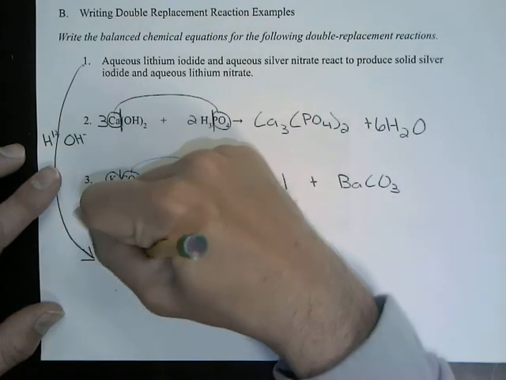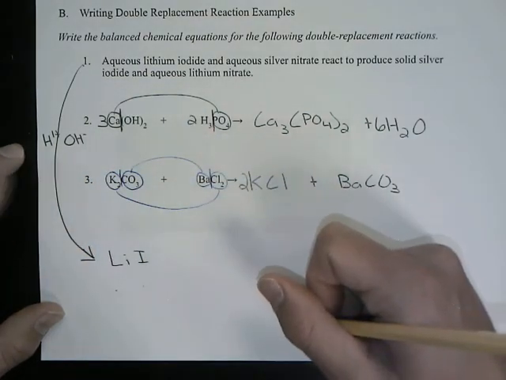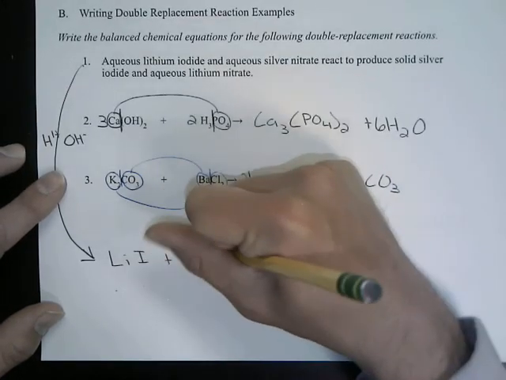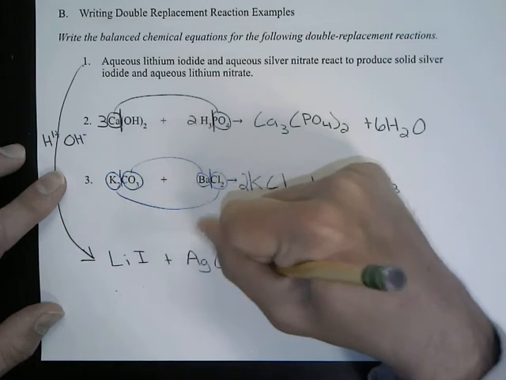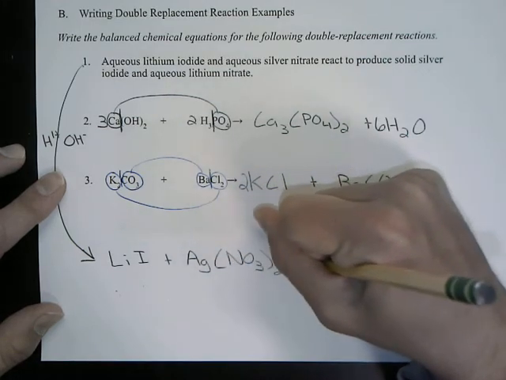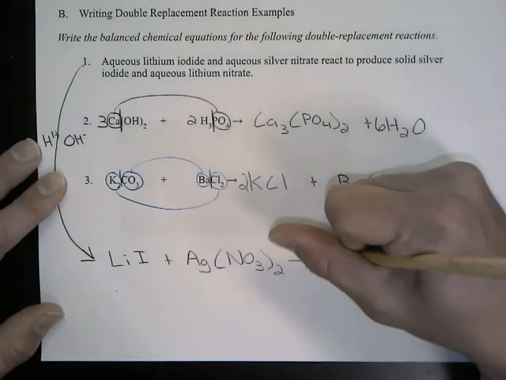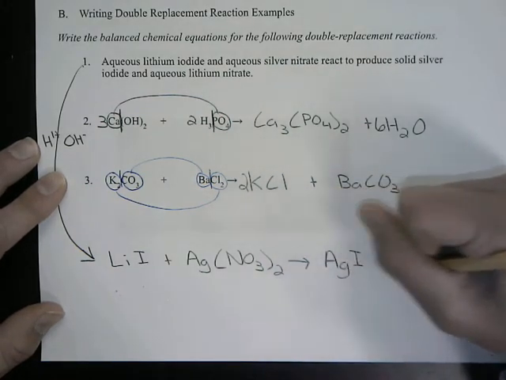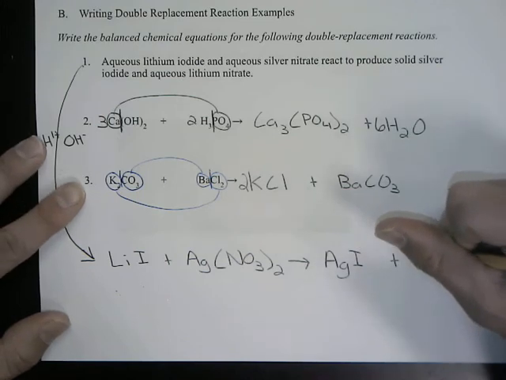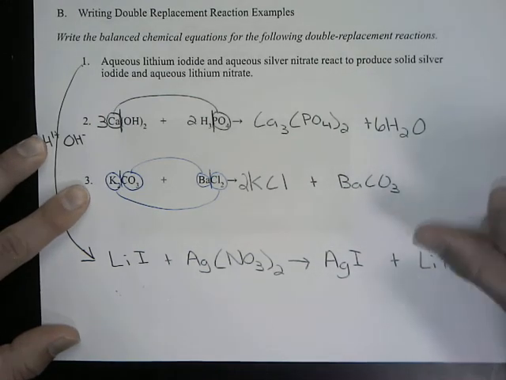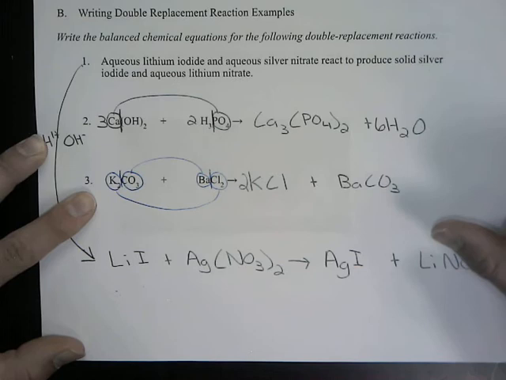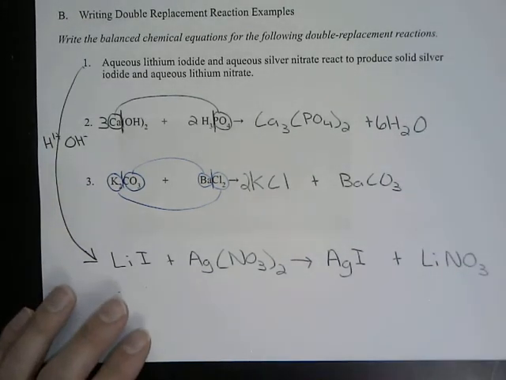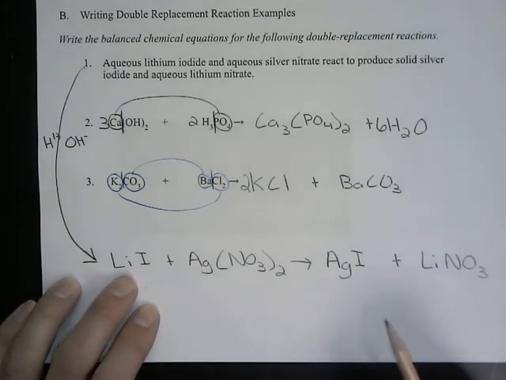It reacts with silver nitrate, which would be AgNO3, to produce solid silver iodide, so AgI, and aqueous lithium nitrate, which would be LiNO3. Okay, so now it told us the products here. That makes life a little bit easier, and all we need to do is balance.